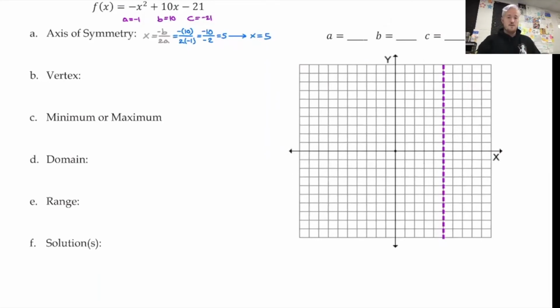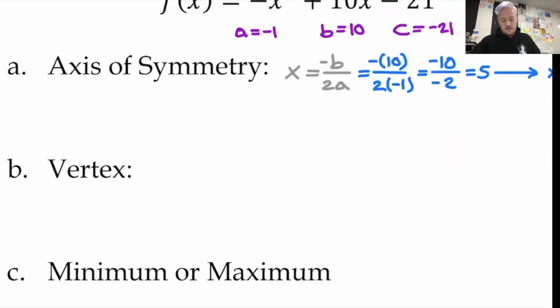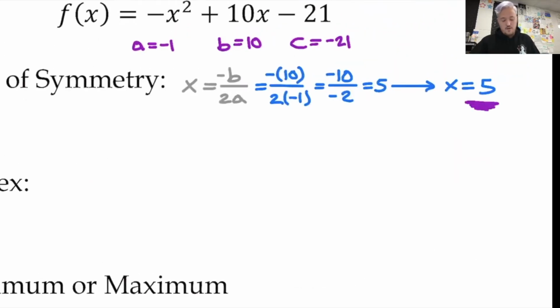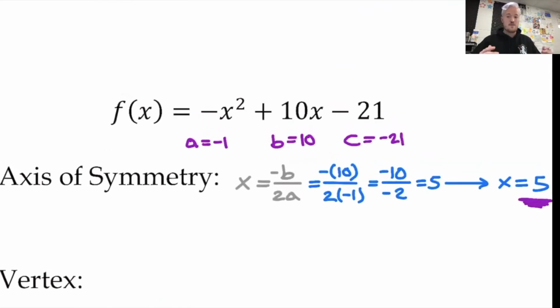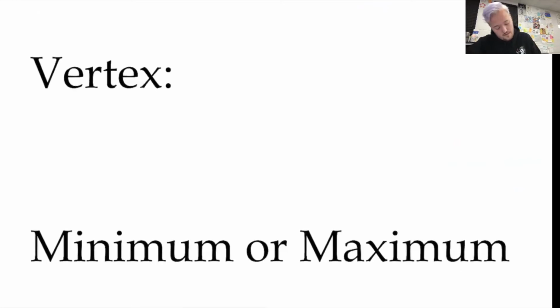Now in order to find where that vertex is going to be, I'm going to take that AOS value, this 5, and plug it in for x to find that value. So I want to find f of 5.